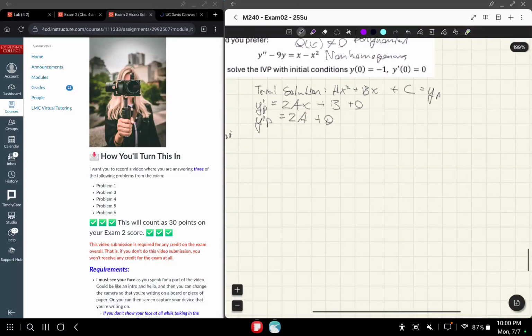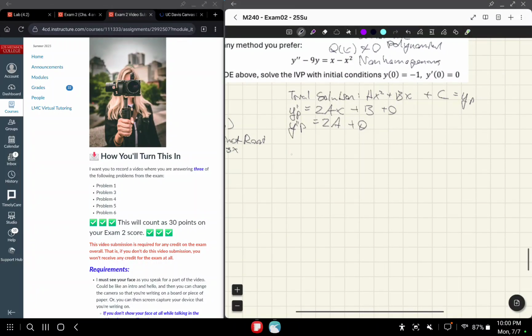Let's sub it in. So 2a, then plus 9ax, so 18ax plus 9b equals x squared plus x.